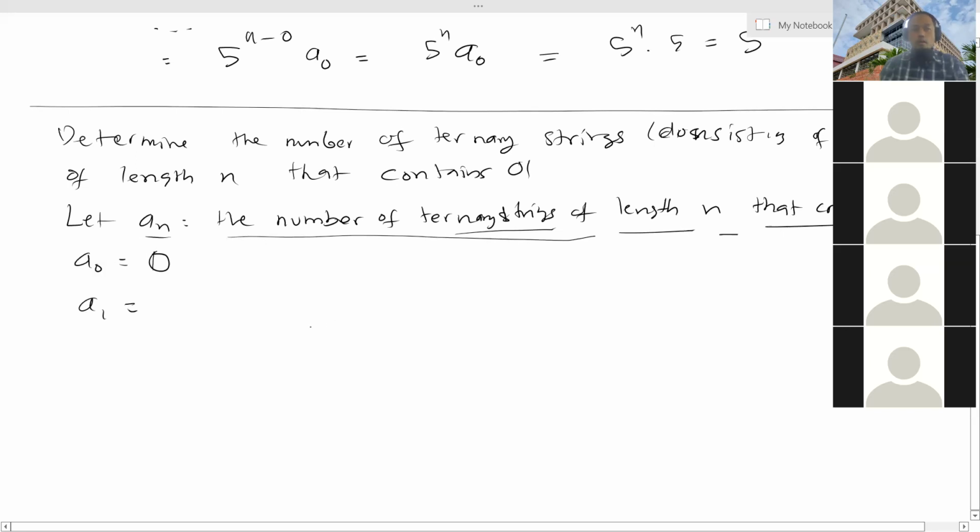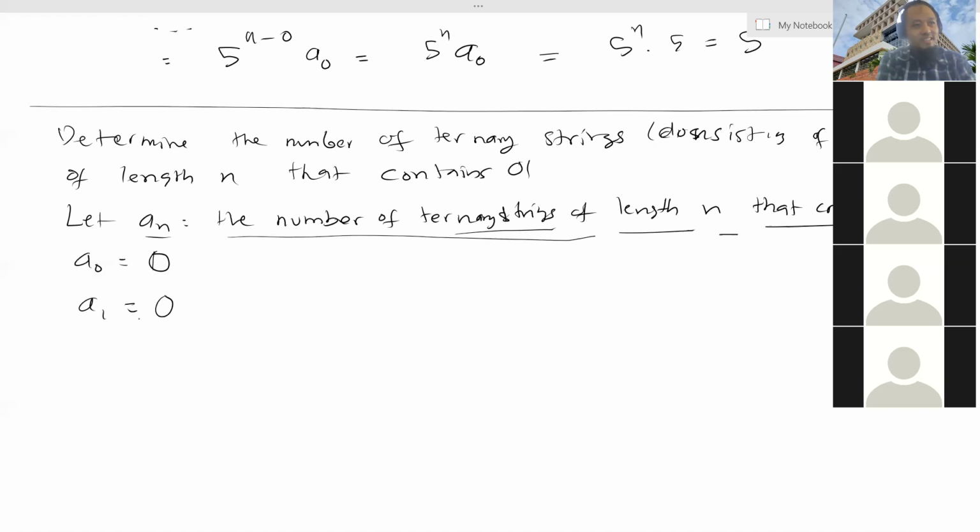Zero. Why 0? But how did you get 0? Because it cannot contain a 0, 1. Oh, but you can, it only has the length of 1, sir. Correct. Yeah, that is good.